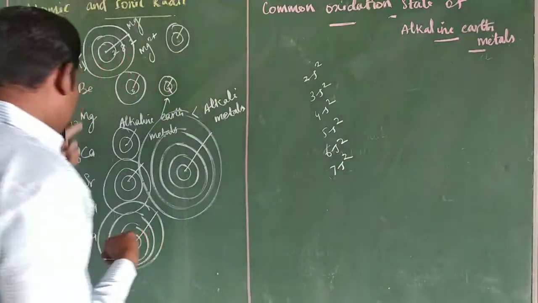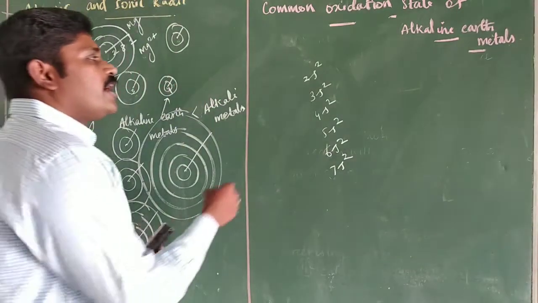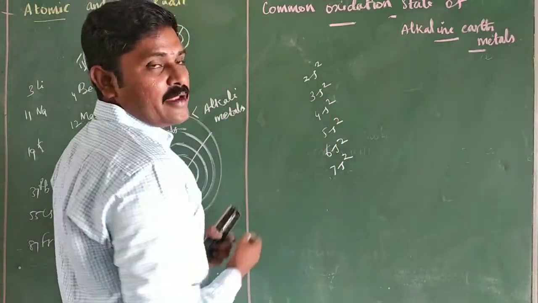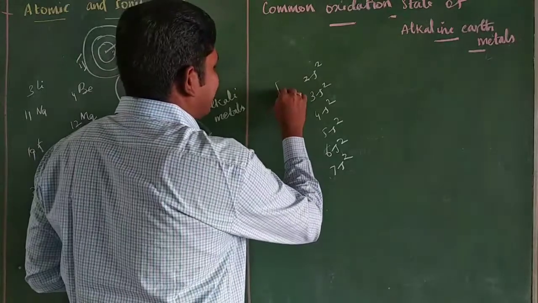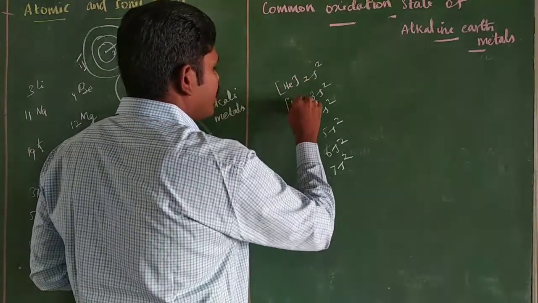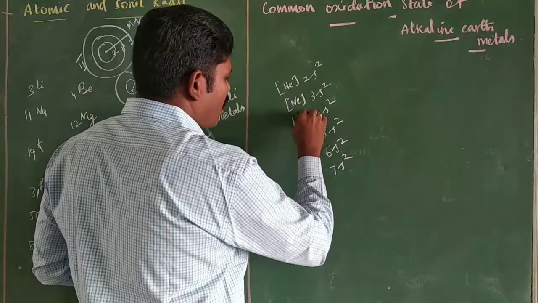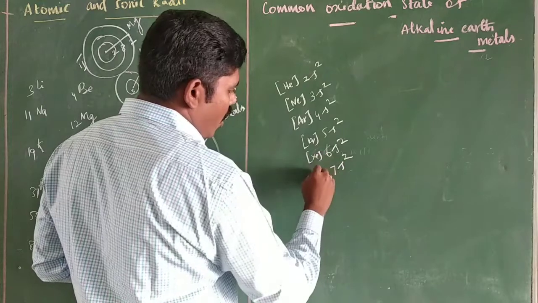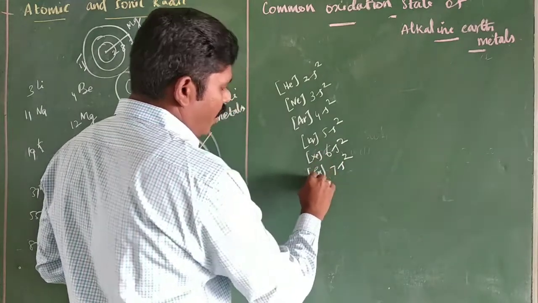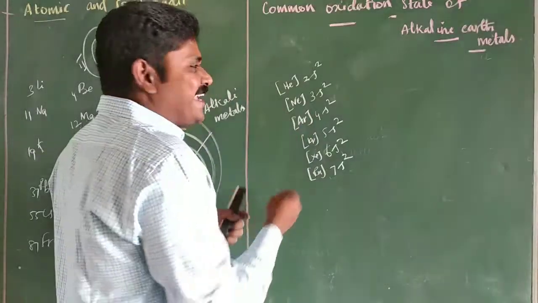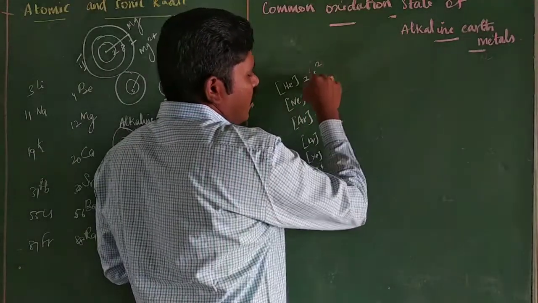All the alkaline earth metals contain 2 electrons in the valence shell, preceded by the noble gas electronic configuration: helium, neon, argon, krypton, xenon, radon. So all the alkaline earth metals easily lose 2 electrons.